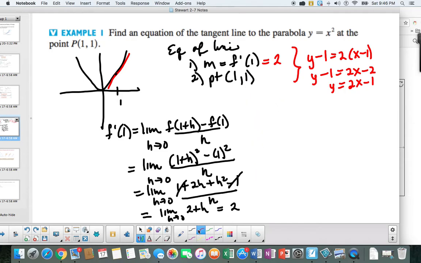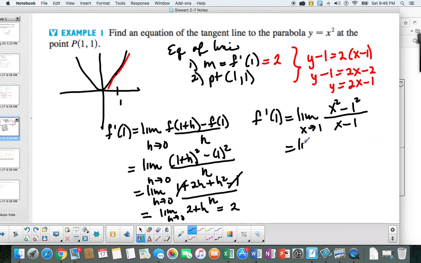Now, the other way to do this problem was to find f prime of 1 using the limit as x approaches 1. We substitute x squared here, then 1 squared here, all over the difference of the input values, x minus 1.